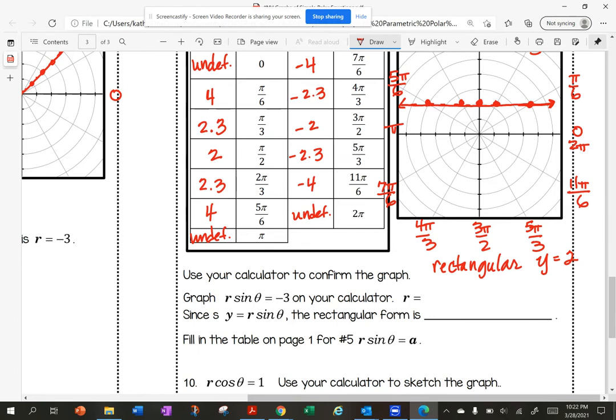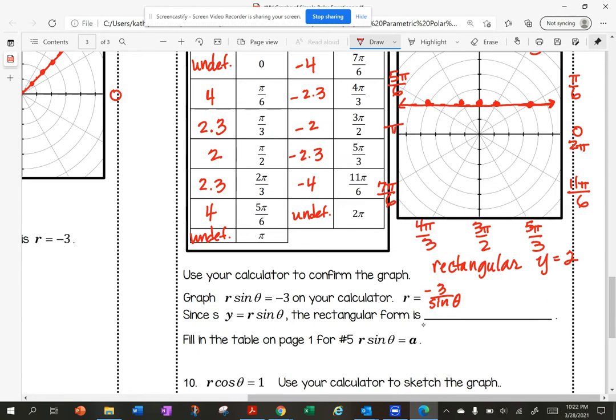So let's graph r sine of theta equals negative 3 on my calculator. So solving for r, I would get r equals negative 3 divided by the sine of theta. So what would the rectangular form of this be?